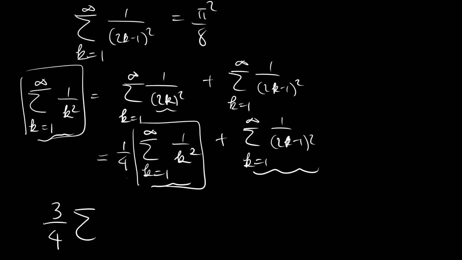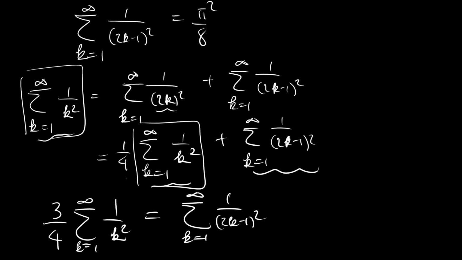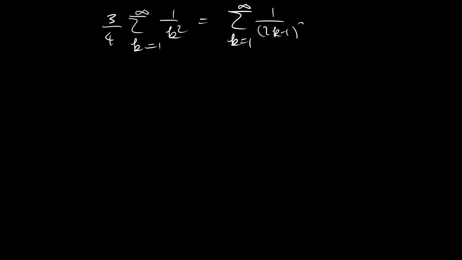because we're subtracting this from both sides, the summation from k equals 1 to infinity of 1 over k squared. Okay, so 3/4 of the summation from k equals 1 to infinity of 1 over k squared is equal to the summation from k equals 1 to infinity of 1 over 2k minus 1 squared.